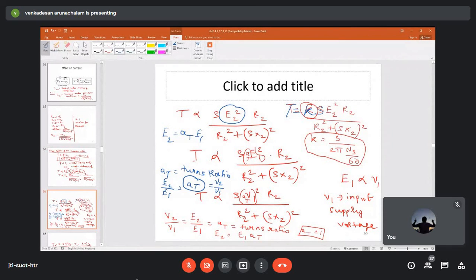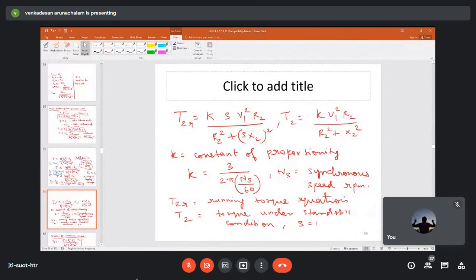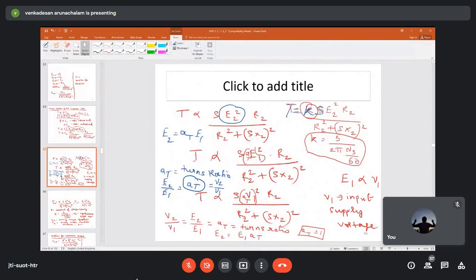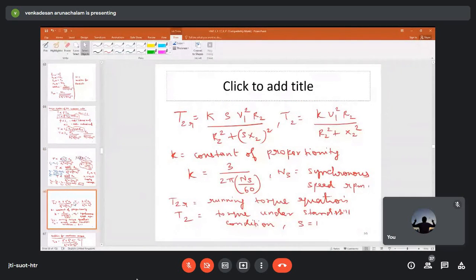So finally the torque equation it is becoming like this. So torque is equal to K times S into V1 squared R2 divided by R2 squared plus S X2 the whole square, right? So here I think I missed one AT here. Sorry, yeah, AT will come here.